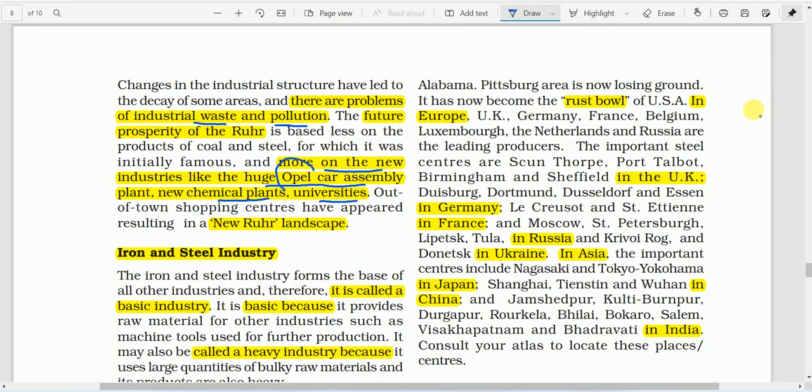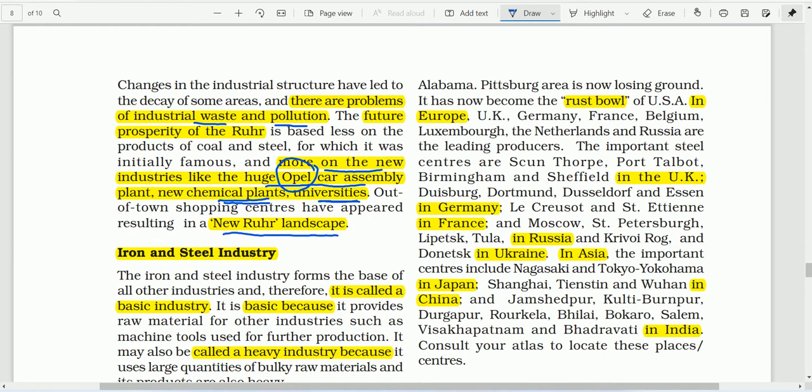You know, Opel is a big car manufacturing company in Germany. Here in this plant, cars are manufactured using robotics, and cars are assembled using assembly lines. New chemical plants have sprung up here in the Ruhr. New universities are established in this region, and out-of-town shopping centers have appeared, resulting in a new Ruhr landscape.